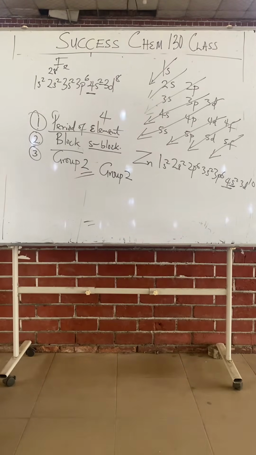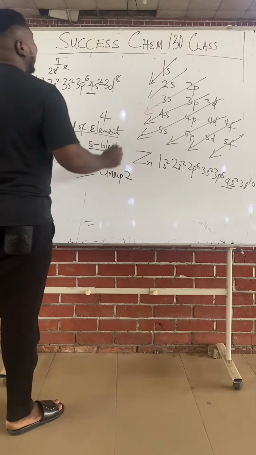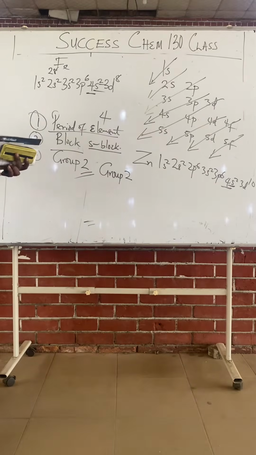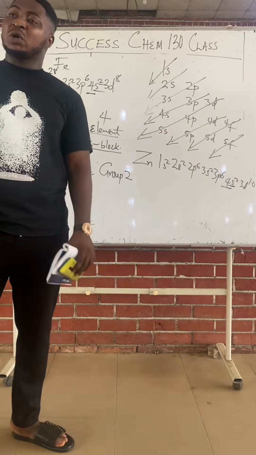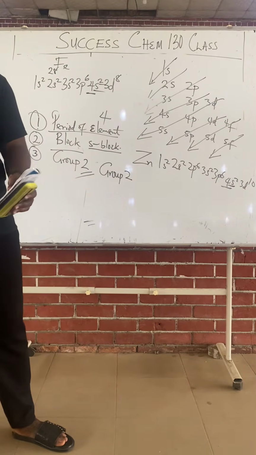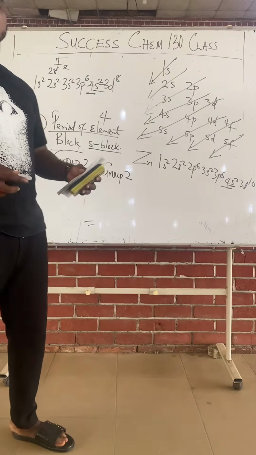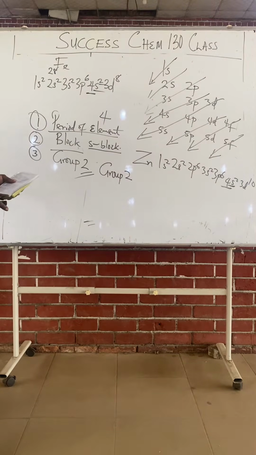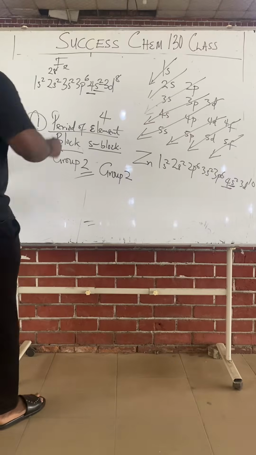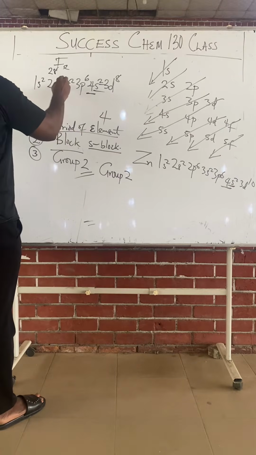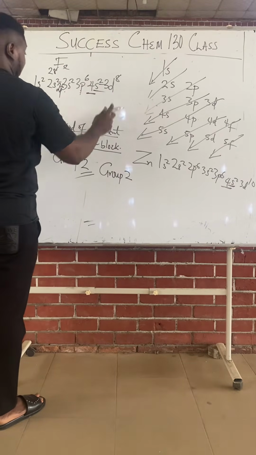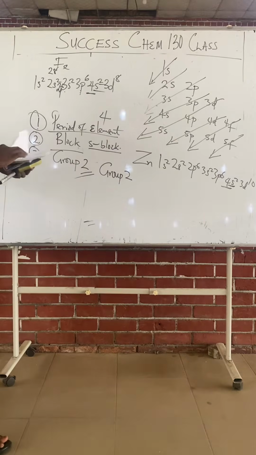Iron belongs to group 2. And iron belongs to the S block. So with the electronic configuration, we can determine the block that an element belongs to.